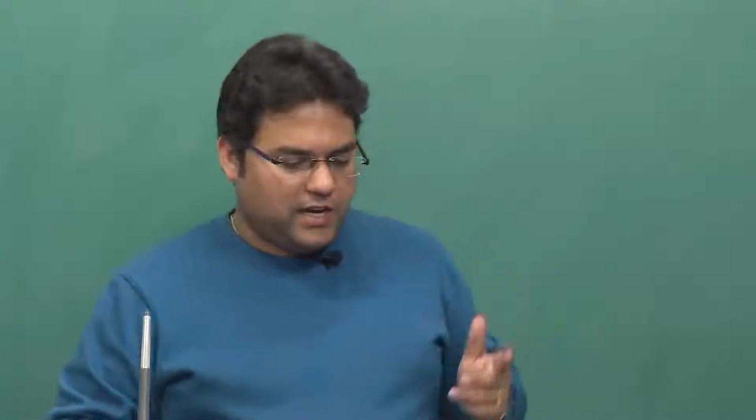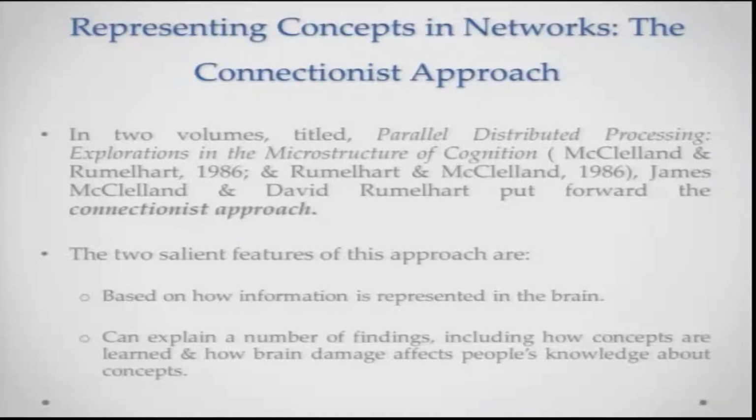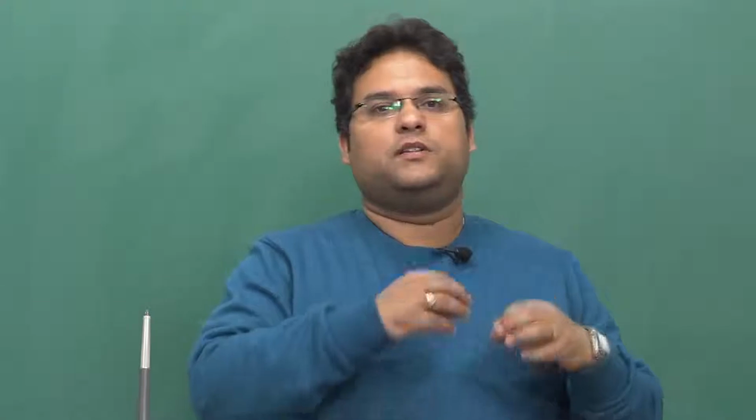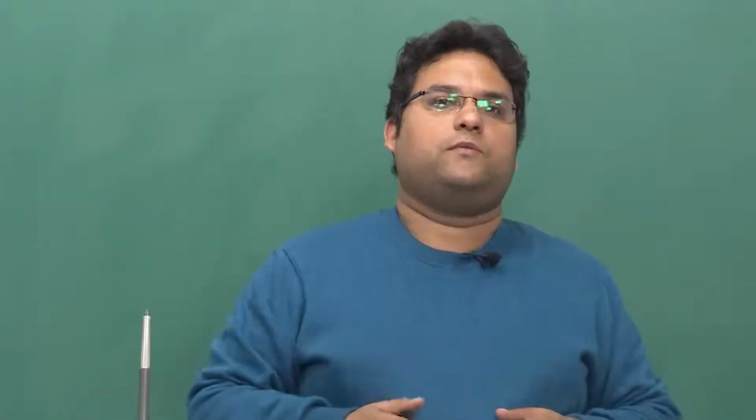Now, there are two salient features of this approach. First is based on how information is represented in the brain. This theory closely approximates the way knowledge might actually be stored in the human brain. The typical neuroscientific explanation is that knowledge is not stored at particular sites in the brain, but is distributed across the various neurons of the brain.